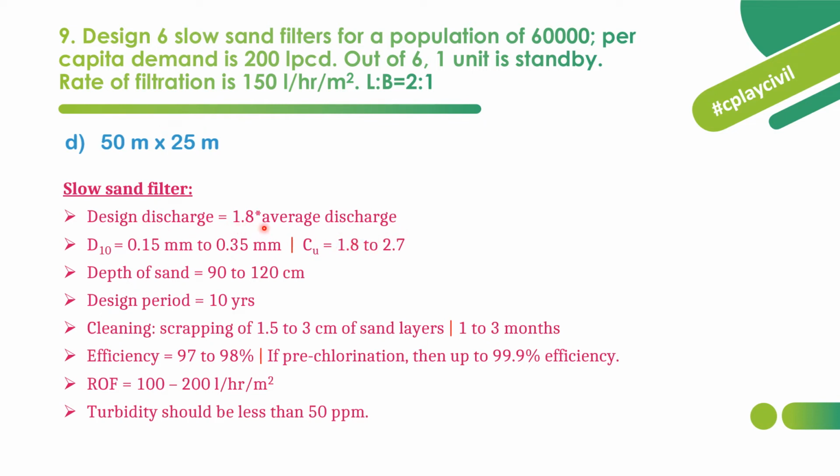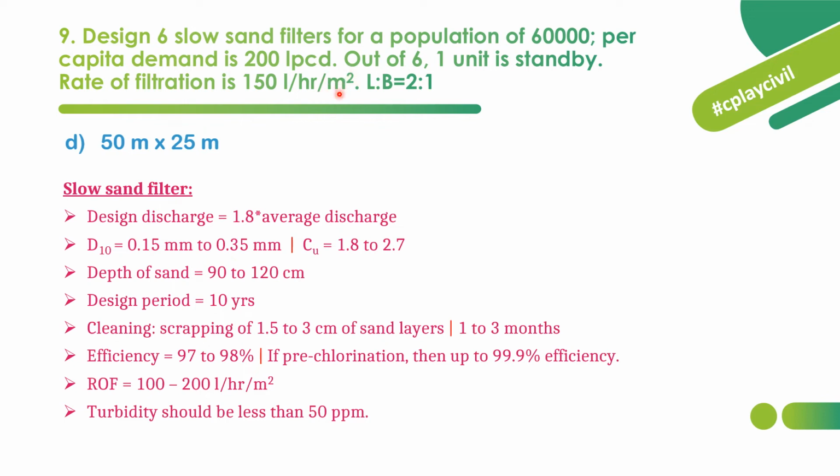We know the average discharge value from the population and per capita demand. Upon finding the average discharge, we can find the design discharge. After getting the design discharge, we know the rate of filtration. Dividing these two, we will get the meter square, that is the area of one filter unit.